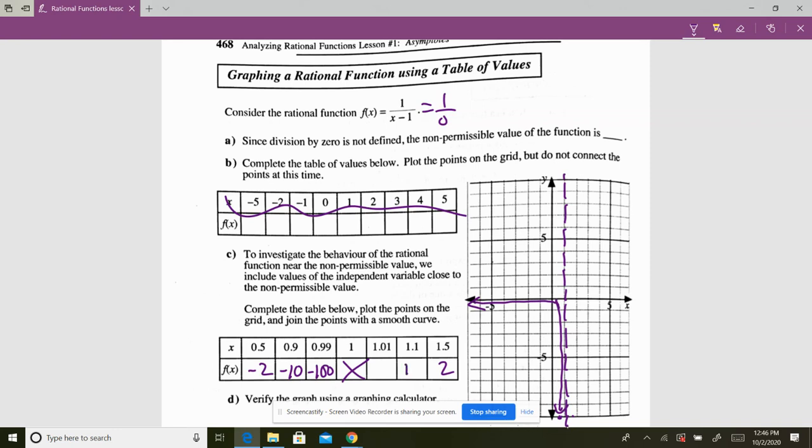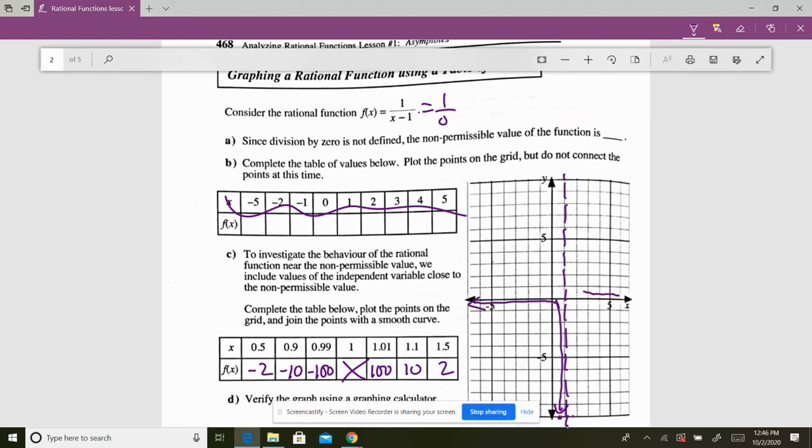If I put in 1.1, I get 10. 1.01, I get 100. So as we come from this direction, the graph is accelerating up, okay? So the graph's coming, we start to get close, and then it just takes off like this. And hopefully you can draw a better graph than I just did. My shaky hand.